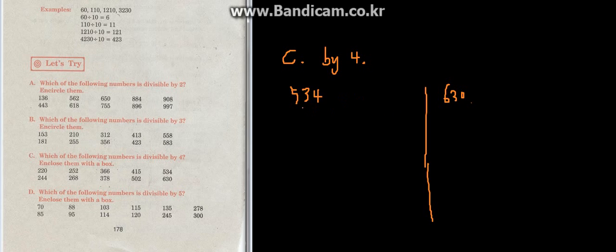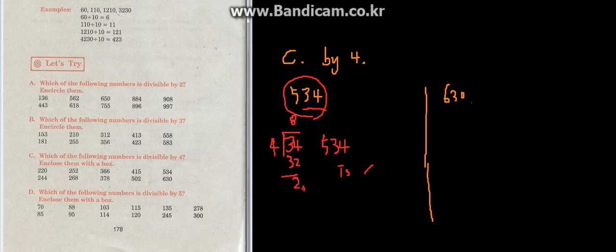So here, the last two digits, 34, is not divisible, right? There's a remainder, and so this whole number, 534, is not divisible by 4.